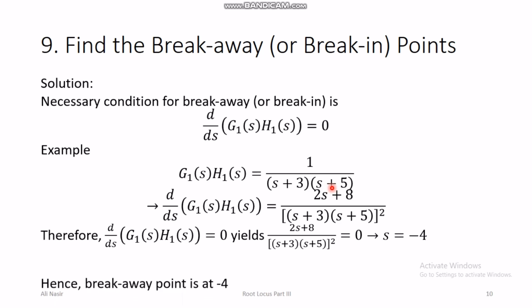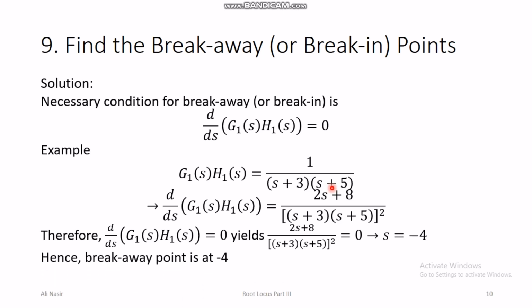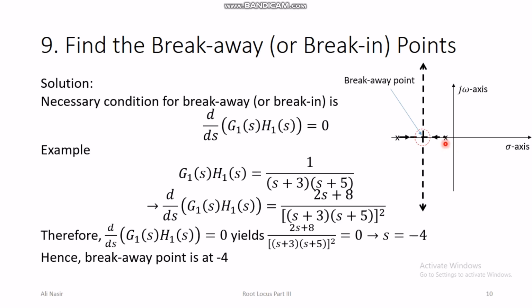When you increase the gain, this pole moves towards -4, and this pole moves towards -4. At -4 they meet and break away from each other.